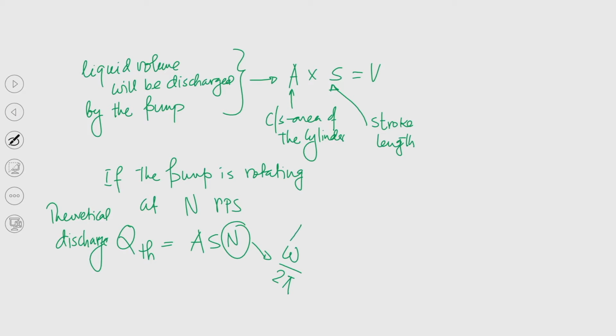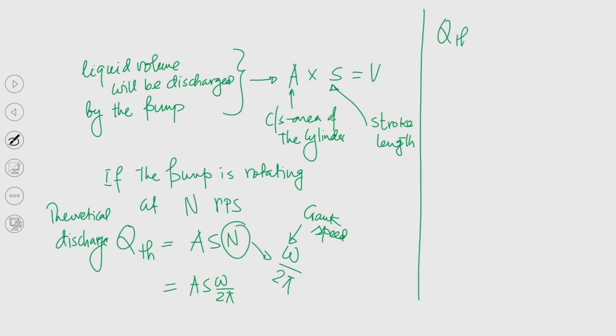So, this is omega, this is crank speed. Okay. So, we can write this is A S omega by 2 pi, right. So, Q theoretical, that is A S into omega by 2 pi, that is V omega by 2 pi, right.